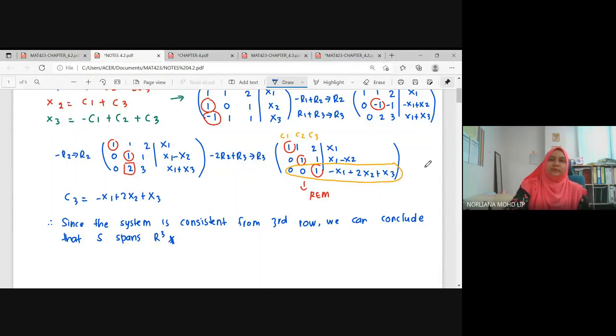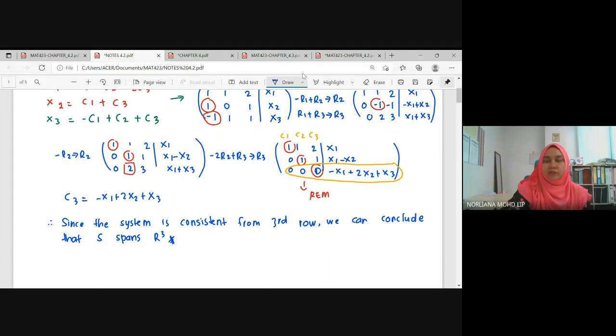Perlu proof macam ni je lah. Perlu proof tengoknya last row. Kalau you all dapat last row ni dapat no solution. Okay, contoh kalau no solution, you all dapat kat sini 0 lah kan. 0, 0, 0 and then this any real number. So 0 and equal to any real number, then no solution.